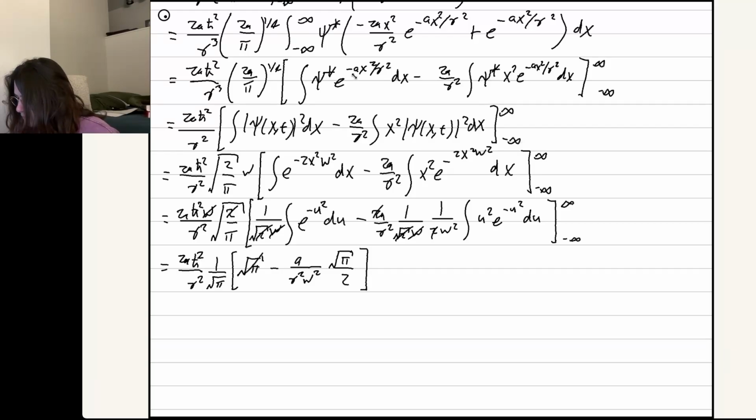So we can also factor out a root pi from everything and have 2a h bar squared over gamma squared times 1 minus a over gamma or 2 gamma squared w squared.